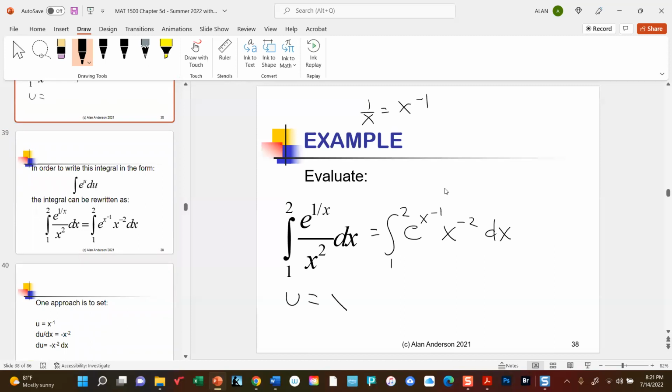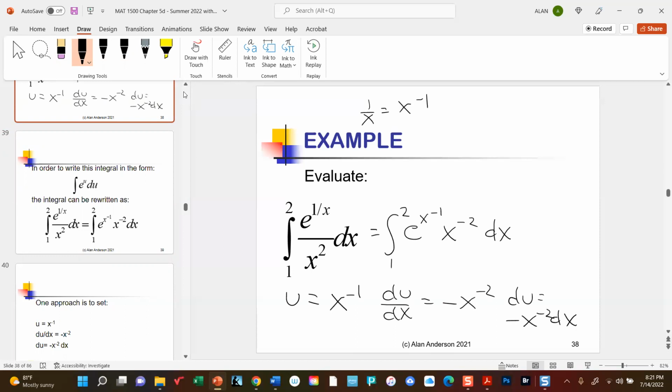If u equals x to the -1, then du dx is minus x to the -2. It's okay, you can write it as -1x, but let's do minus x to the -2. And that means that du is minus x to the -2 dx.